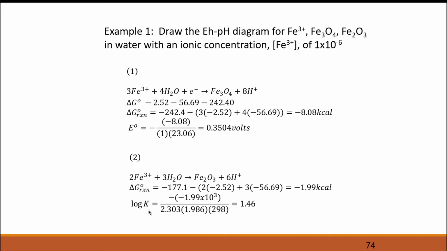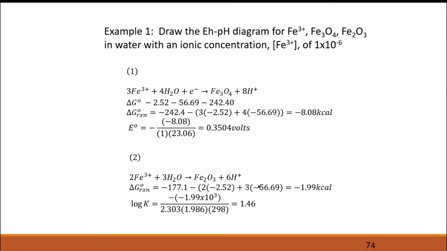Your log K_eq is equal to negative of delta G over RT. Okay, so this is your negative delta G. Again, we get the delta G just by using Hess's law, no?